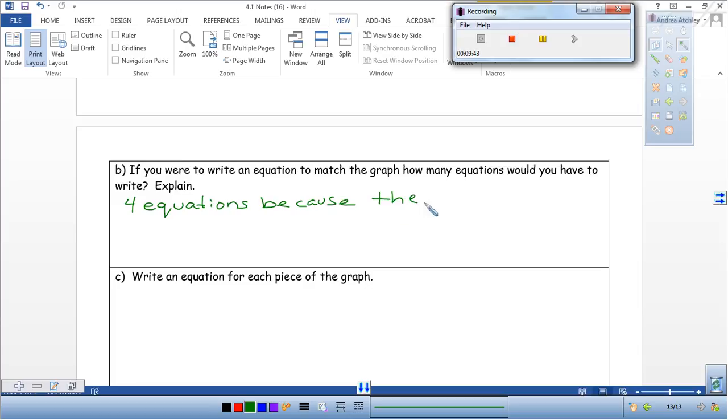Because there are 4 different rates of change.